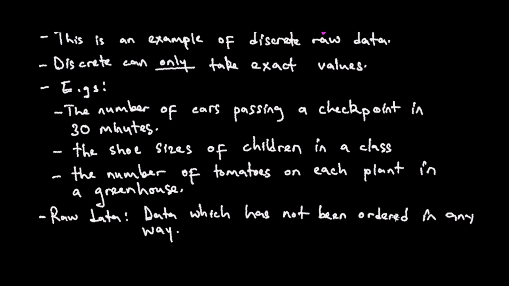Ordering data is one of the earliest steps of processing that data. So if the data is not ordered, it's raw. Raw means uncooked, and cooking is a metaphor for ordering and processing the data in question.